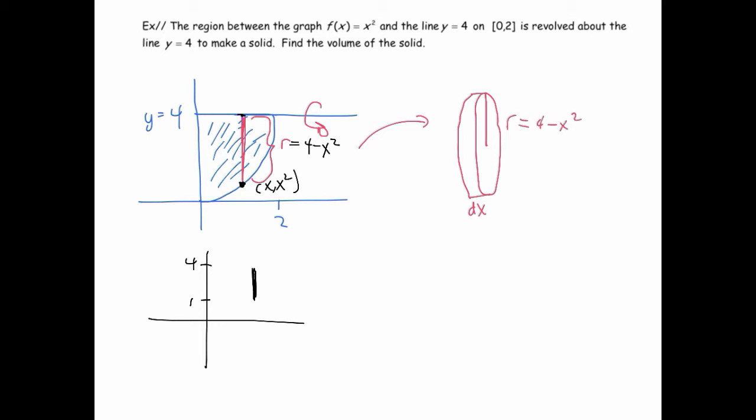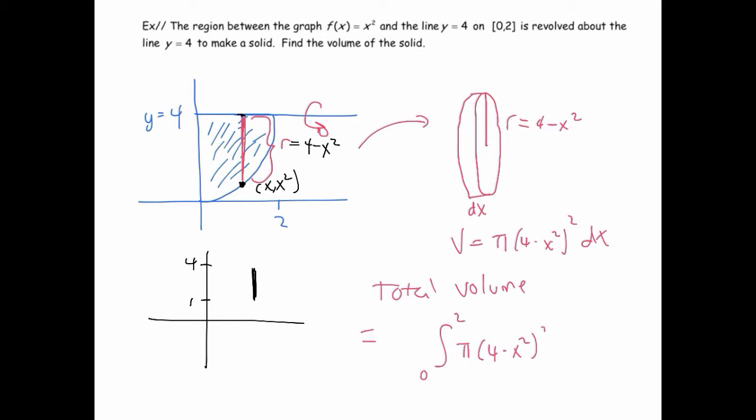And now I know that my volume is pi r squared times dx, and so my total volume is going to equal the integral from 0 to 2 of pi times (4 minus x squared) squared dx. All right, so that's the subtle nuance here, rotating around axes other than the x and y axis.